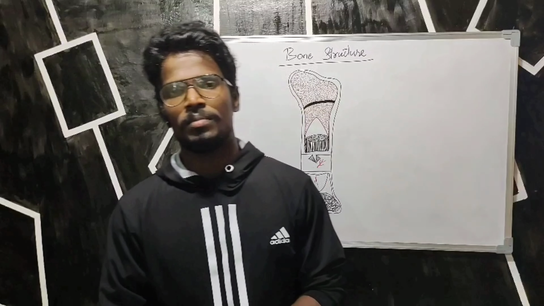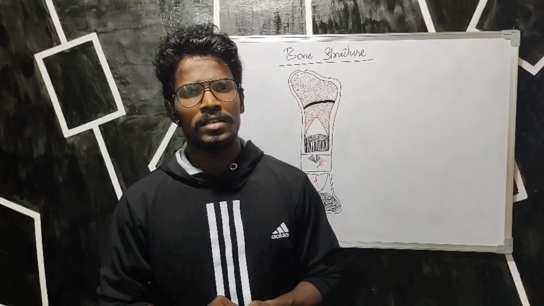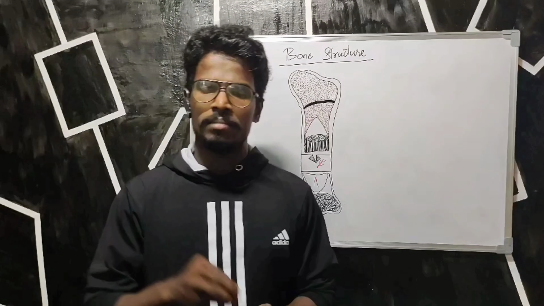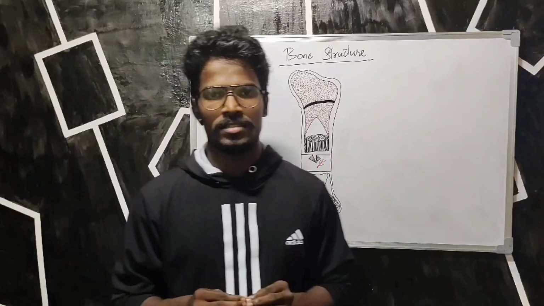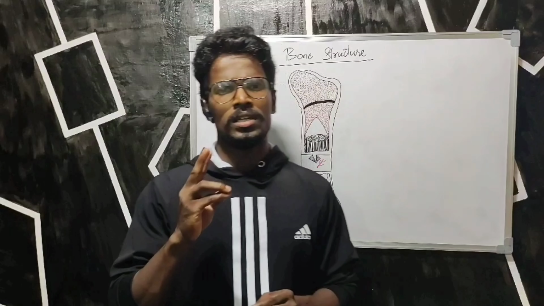Now let's talk more about bone. What is a bone? Bone is a rigid body tissue consisting of cells embedded in an abundant amount of intercellular matrix. So that is bone. Now bone again is divided based on type of tissue and shape.